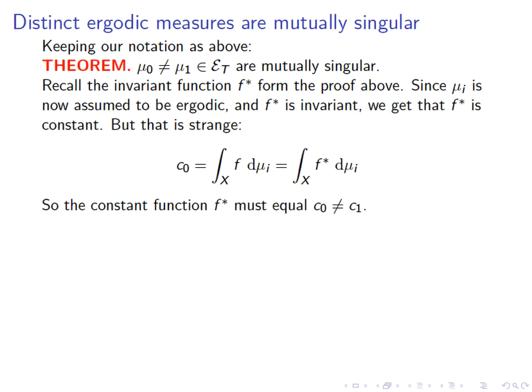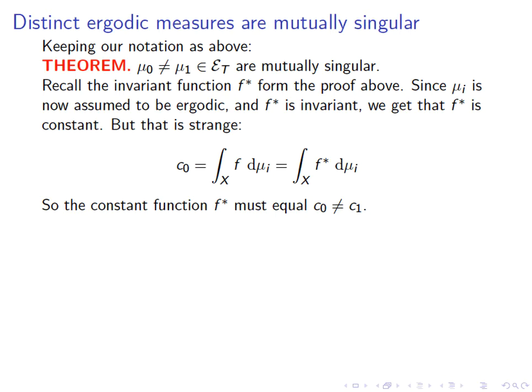The key to the proof is to use again the function f star from the previous proof. In the previous proof, mu0 and mu1 were just invariant measures. Now we are actually assuming that they are ergodic. And what the ergodic theorem tells us is that when the measure is ergodic, or when the transformation is ergodic, because the function f star that you get is invariant, the function f star is in fact constant.